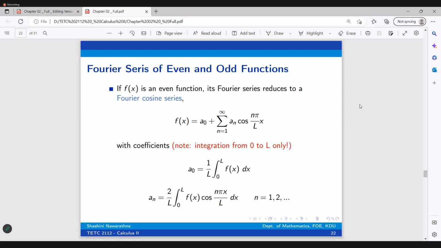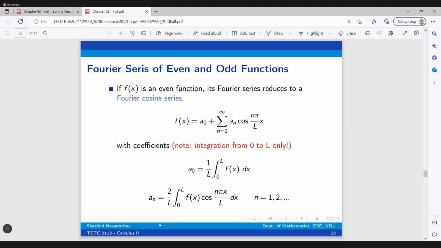Here you have to be careful with these two formulas. In the earlier case, when finding a0, we used 1 over 2l, integration from minus l to l of f of x dx. But if the function is even, we don't need this entire expression. We can use 1 over l, from 0 to l of f of x dx to find a0.